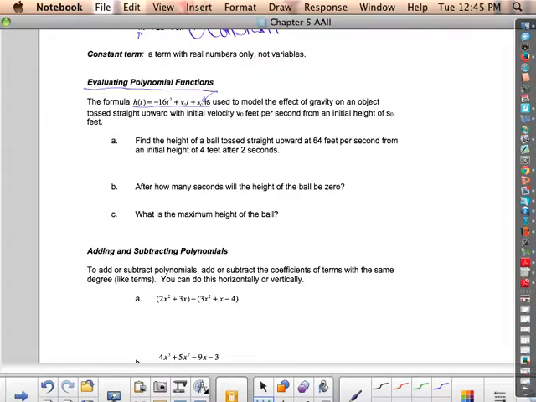So you can think of this as the starting height of the object. And this v sub 0 is the velocity. And this object is tossed straight into the air. So A says find the height of a ball tossed straight upward at 64 feet per second. So that's going to be our velocity.